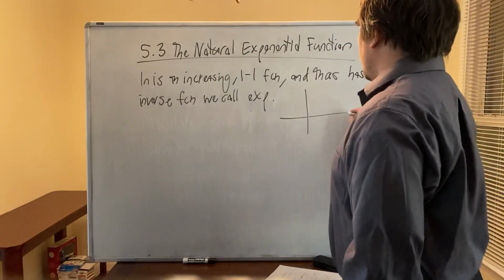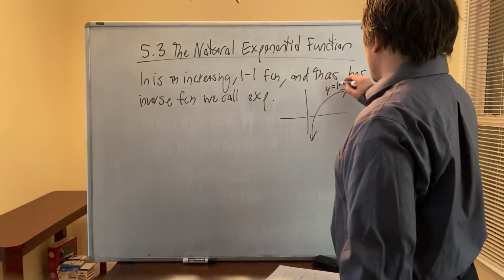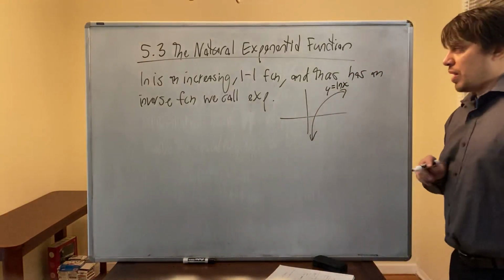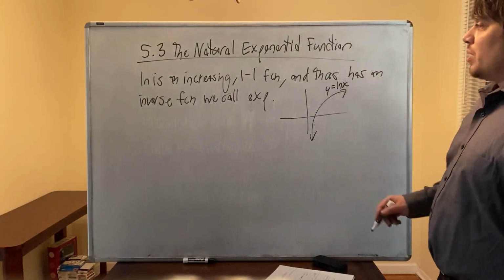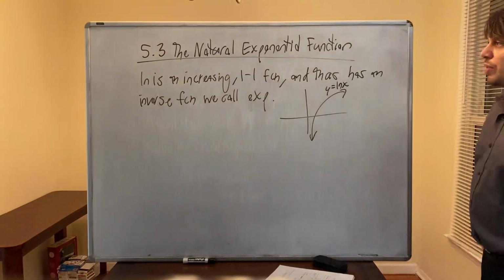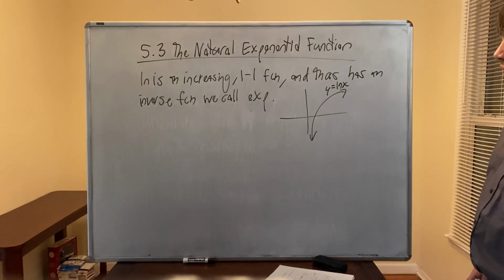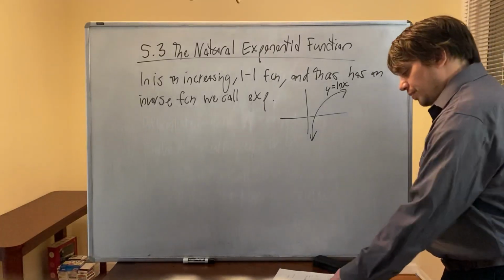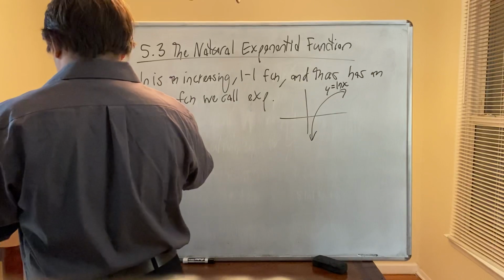Okay, so here is ln. I showed you the graph of y equals ln x earlier. This is the graph of y equals ln x, right? It's increasing, it's 1-to-1, it's also continuous, and so it's an increasing 1-to-1 function and thus has an inverse. And so we're going to call the inverse function exp. Okay, and so we're going to define exp.